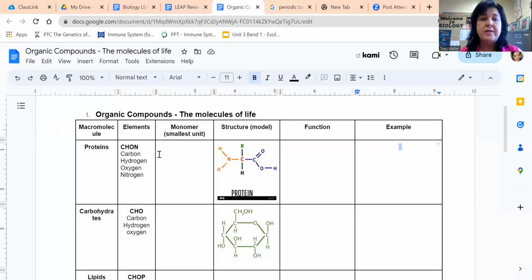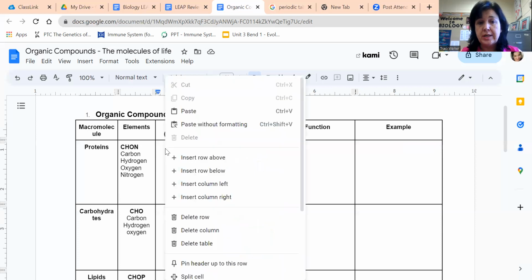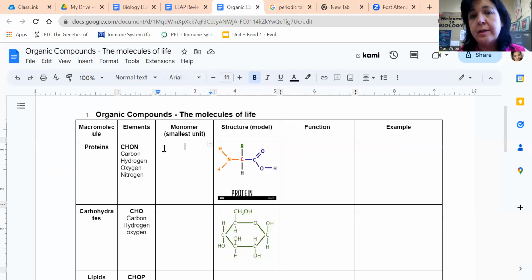The smallest unit of the macromolecule in proteins is called an amino acid. Like I said, macromolecules are a bunch of molecules linked together, so the single molecule by itself is called an amino acid. In the chemical structure, the H's are hydrogens, the N is nitrogen, the C is carbon, and the O is oxygen.